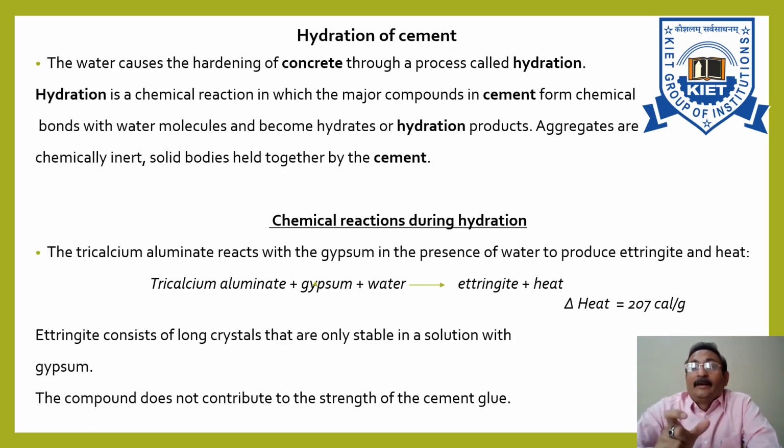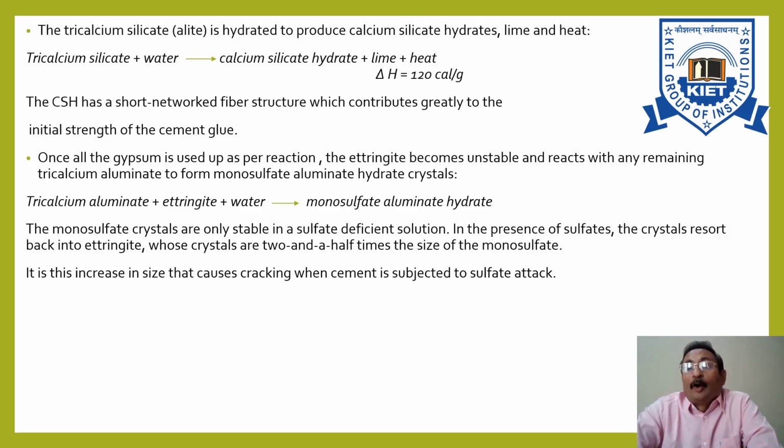If you quantify this heat, it is 207 calories per gram. Ettringite consists of long crystals that are only stable in a solution when gypsum is there. This ettringite does not contribute to the strength of the cement glue. It only occupies space.